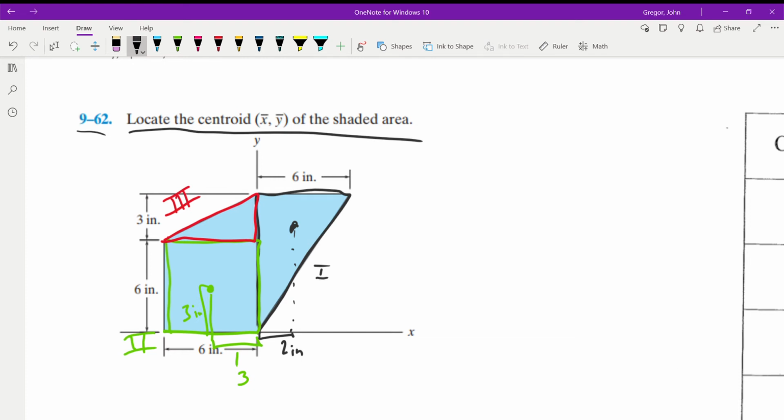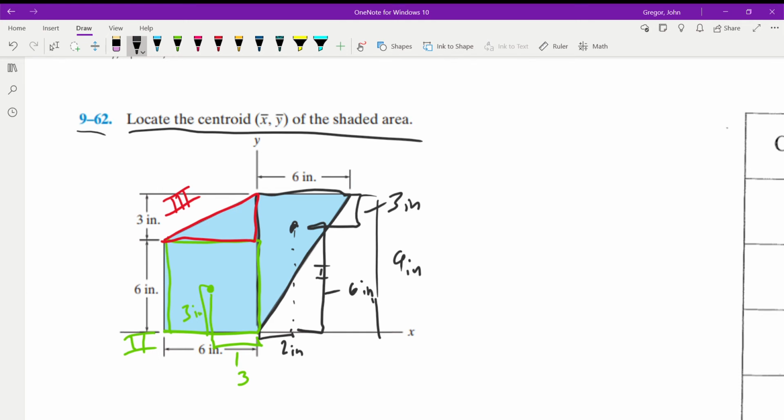The total length is 9 inches. Actually, if I did 1/3 of that, it would be measuring from the top, which is 3 inches. So to the bottom, which is what I need, 6 inches.